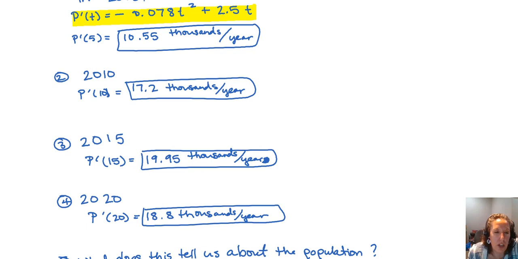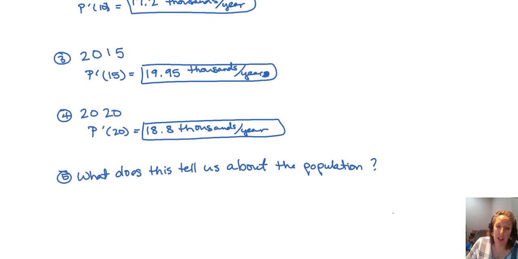And in 2020 it grew at a rate of 18.8 thousand. These are all positive numbers. That means that during each of these years, our population was growing. Now, on this last one, it does go down. That just means that it's growing a little bit slower, but it's still growing.